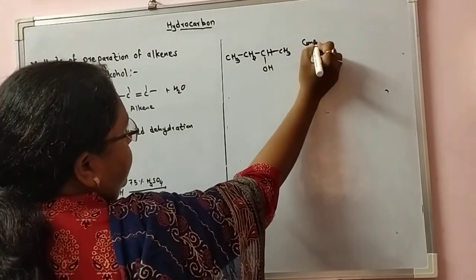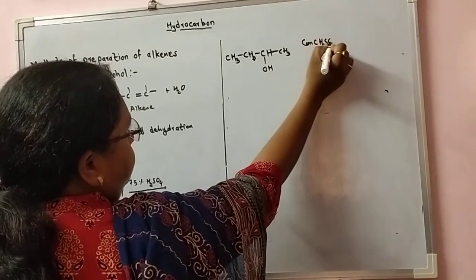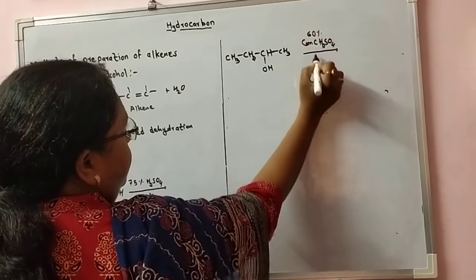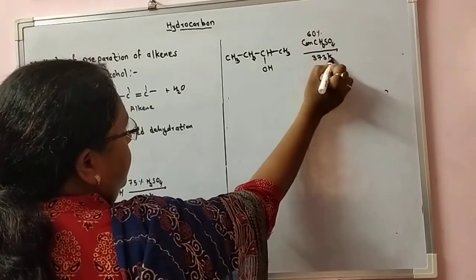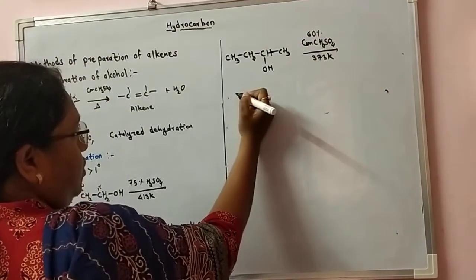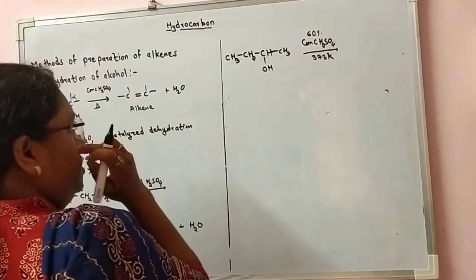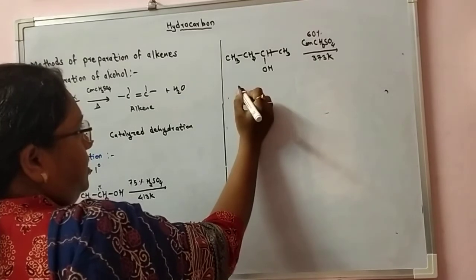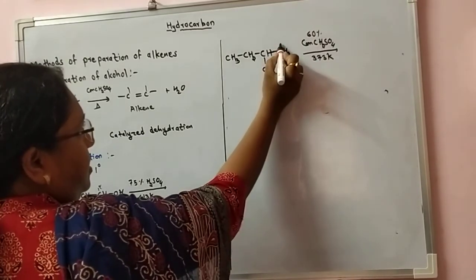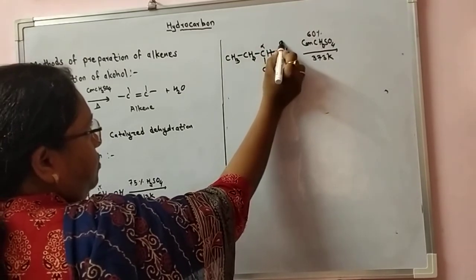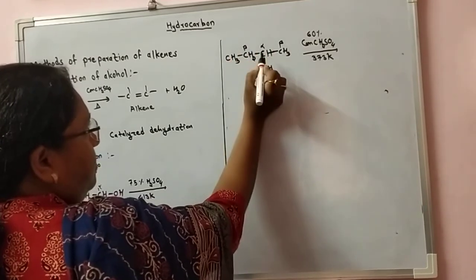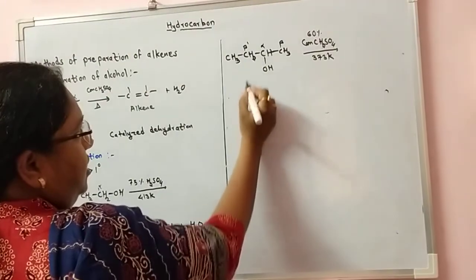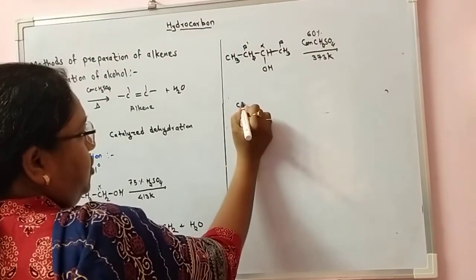So concentrated sulfuric acid which is 60% and 373 Kelvin temperature. So depending on the alcohol, the reaction conditions are different, using the same reagent but the concentration is different, and temperature. Here this carbon is alpha and there are 2 beta carbons, adjacent carbons, so beta dash and beta carbon.